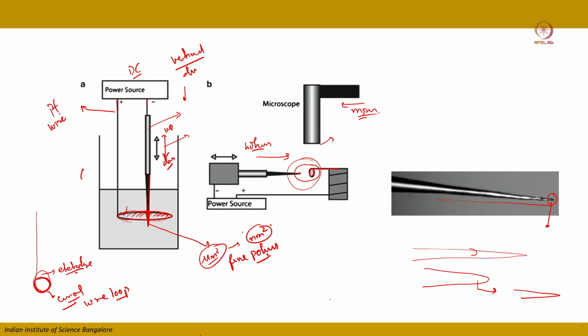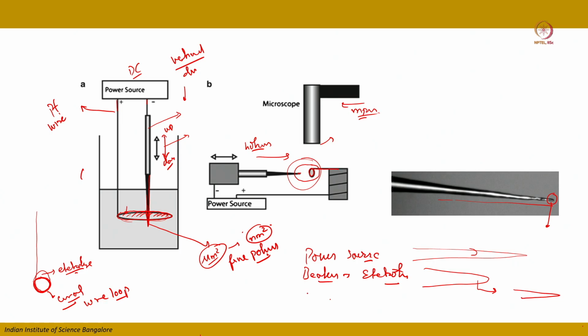Okay, so what do we need for this purpose? We need a power source, we need some beakers which can hold the electrolyte, we need some electrolyte which depends upon the material to be polished.